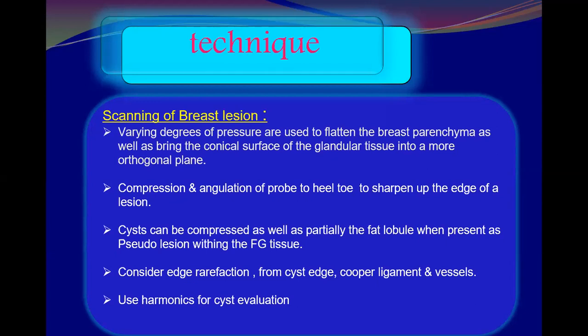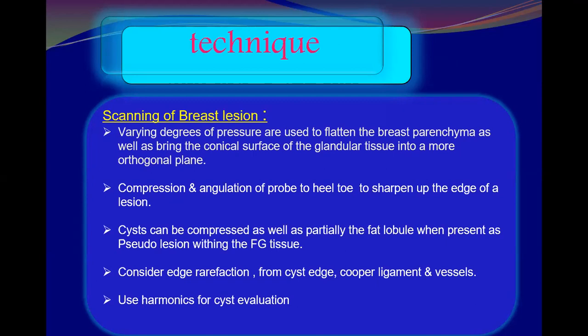It will help us to evaluate the margin of the lesion, and especially in case of a cyst, okay, by compression and angulation of the probe from heel to toe, it will sharpen the edge of the cyst, okay?